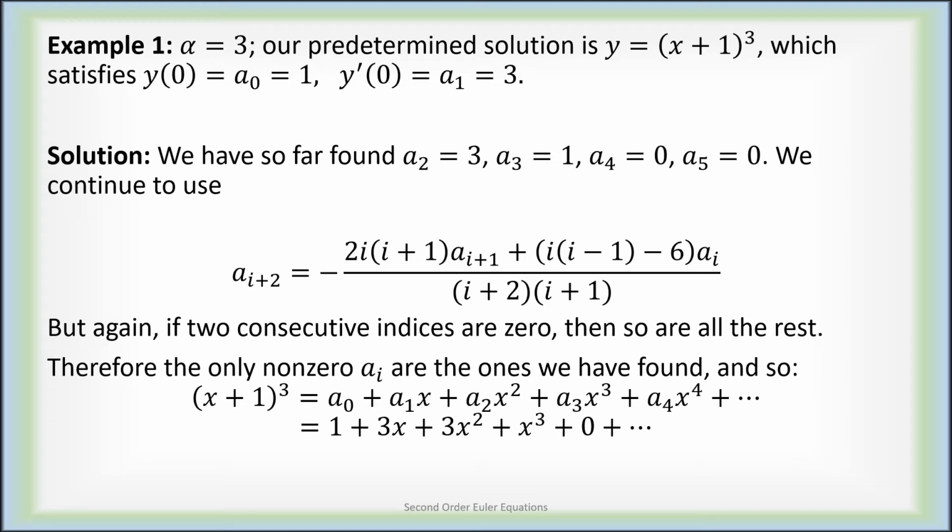We then use the recurrence relation to find 3 for a sub 2 and 1 for a sub 3. So here were our initial conditions of 1 and 3. Here are the 3 and the 1 that we computed, and then everything after this point is 0. In other words, the power series for x plus 1 cubed is just 1 plus 3x plus 3x squared plus x cubed, and then all zeros, which is exactly what you would get if you simply expanded this out by hand.